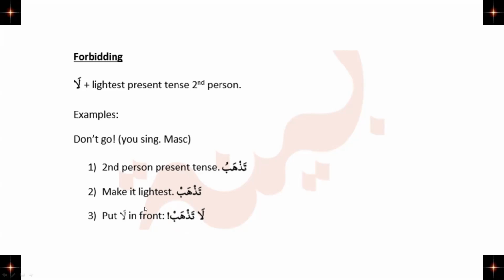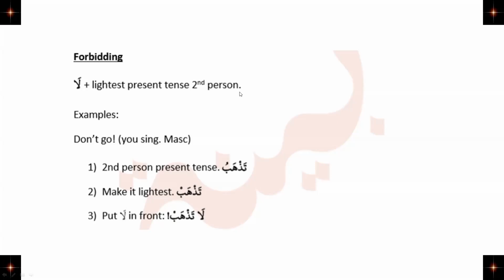So that's the easy way of forming a fi'il an-nahi, where you bring your la, you bring your fi'il mudara, which is lightest, and then it has to be in second person. Note this, second person. Why? Because you can't command a first person, yourself. You can't also command a third person, someone who is not there.